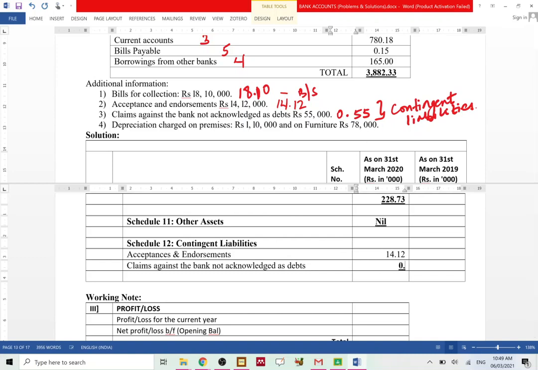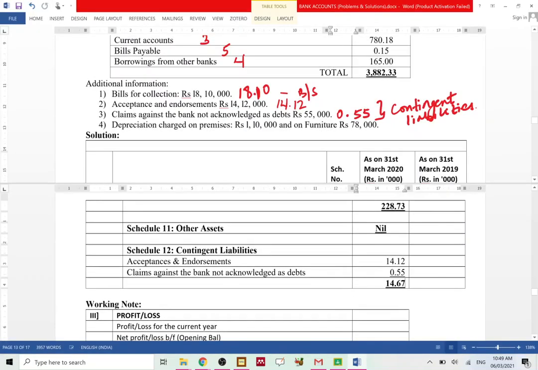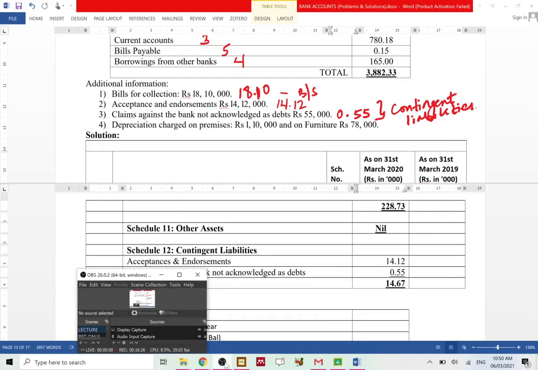In lakhs it is 0.55. Total contingent liabilities 14.67. Done. All totals done that need to be transferred to the balance sheet. Any questions so far up to this point?